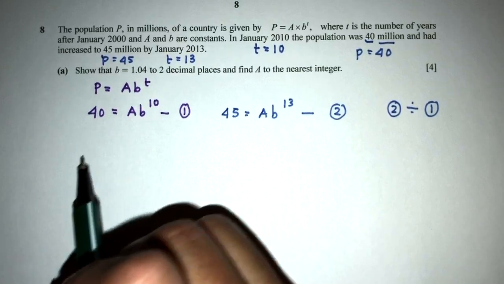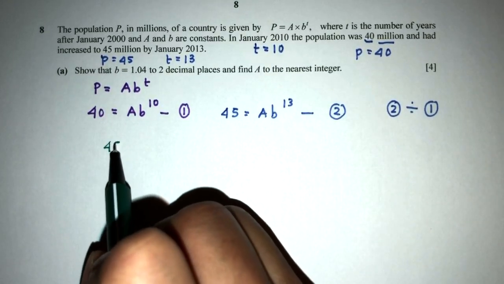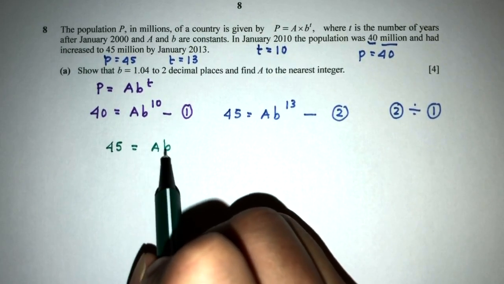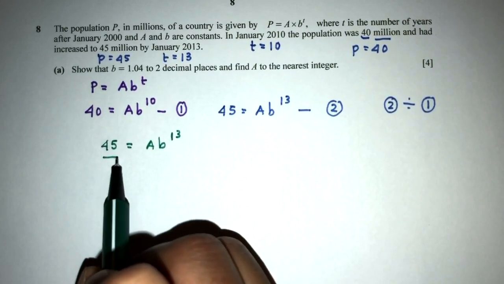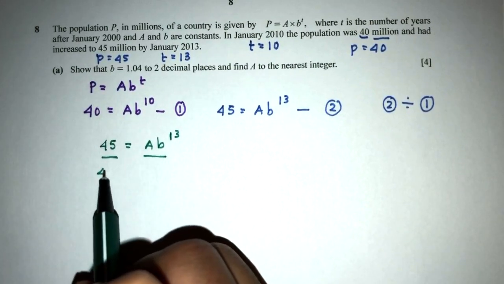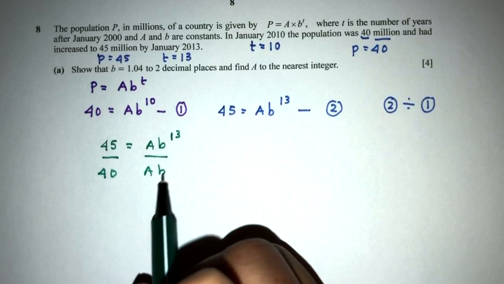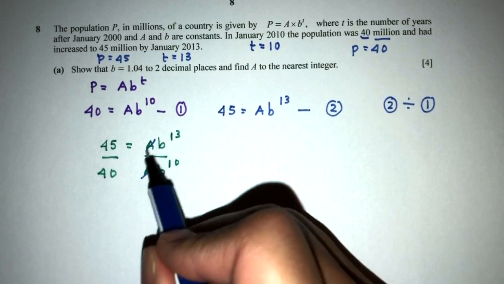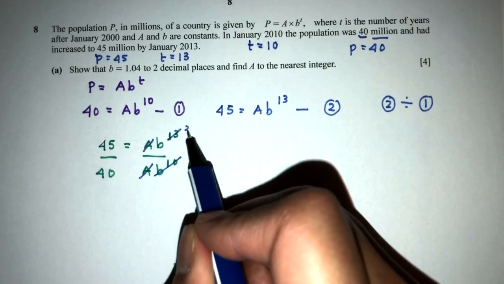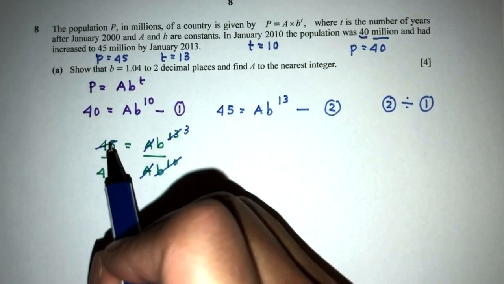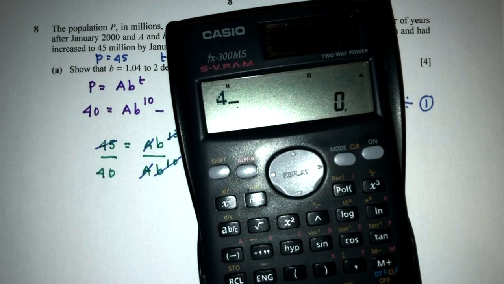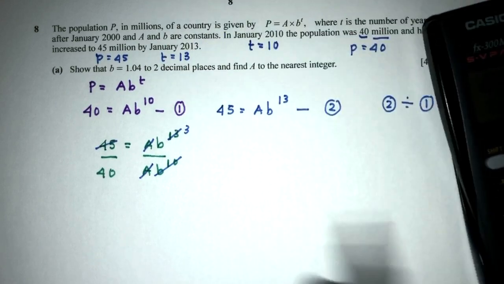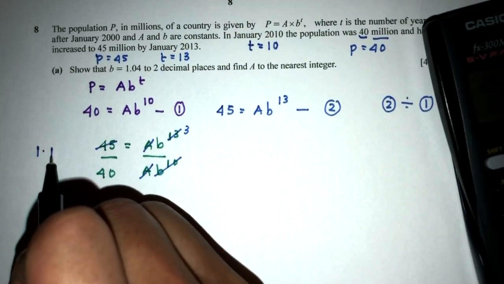You will have on top, number 2, which is 45 A B to the 13, over number 1, which is 40 A B to the 10. Simplify, A cancels out, and 45 over 40 is 9 over 8. So let's try directly. 45 divided by 40 is 1.125.